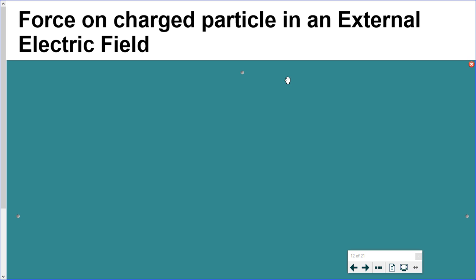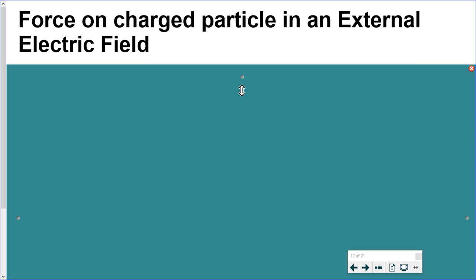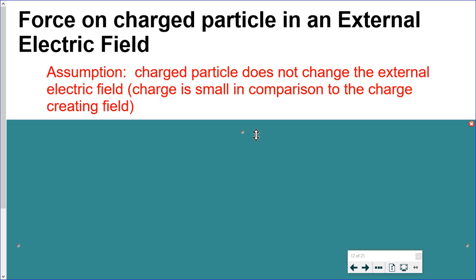Okay, so if we think about this kind of as the flip-flop of the definition of the electric field, this makes some hopefully good sense. We do have a few caveats or physics fine print, as I like to call them. So we're going to make an assumption. We're going to assume that the charged particle that we're throwing in that external field is small in comparison to the charge that's setting up or creating the field.